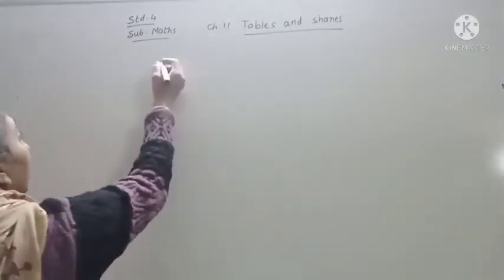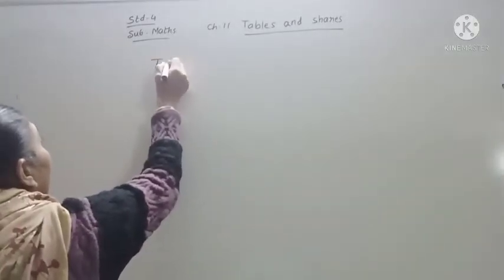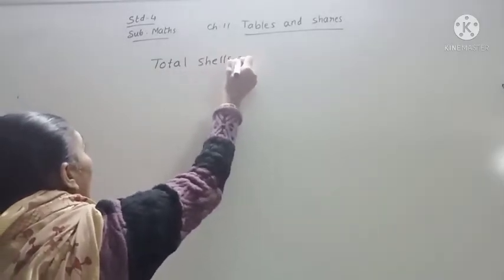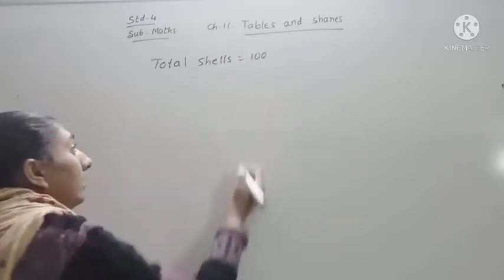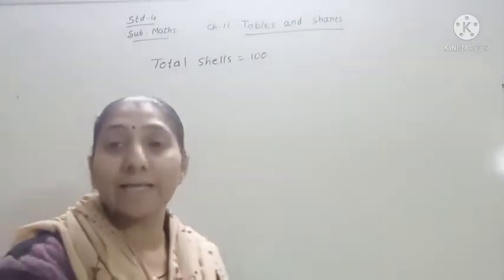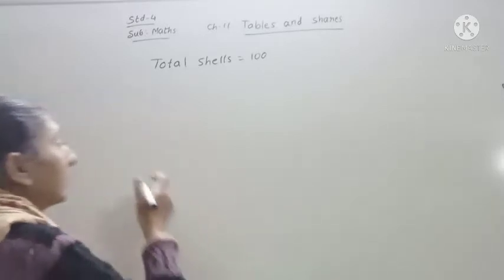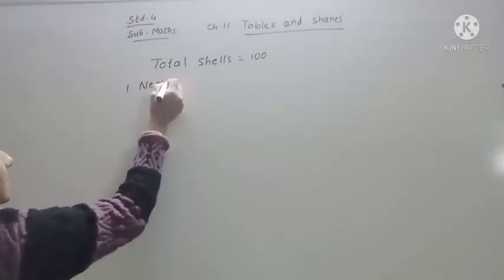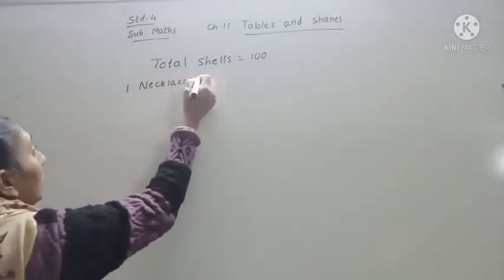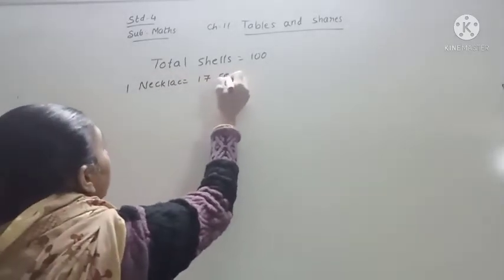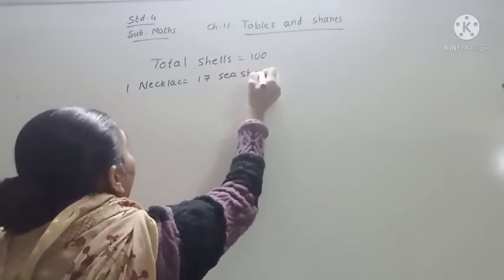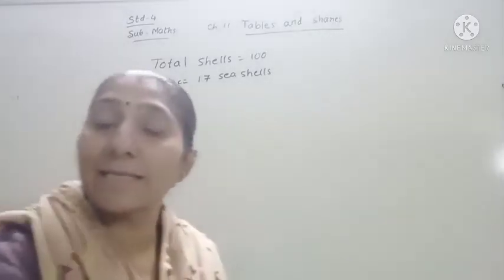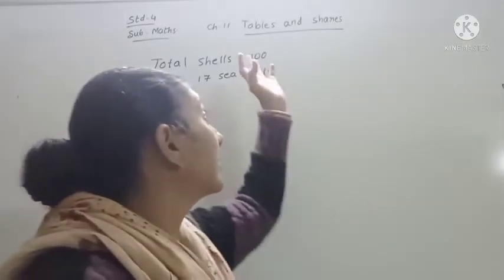The total shells with Kanu is equal to 100. Now he wants to make a necklace of 17 seashells. How many necklaces can he make from 100 shells?